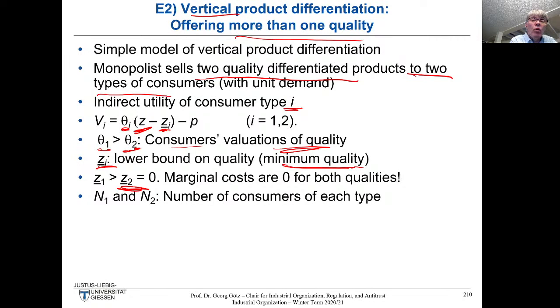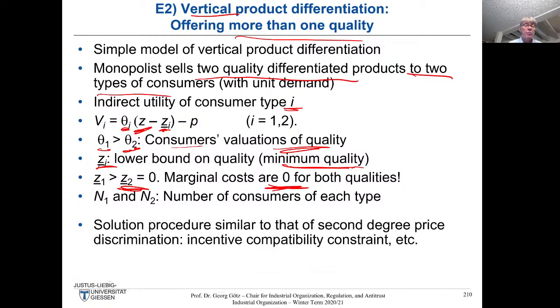And assume also that the marginal costs are zero for both qualities. So the difference here is not in the production cost, but in the fixed product development cost. And you have some N1 and N2 consumers of each type.